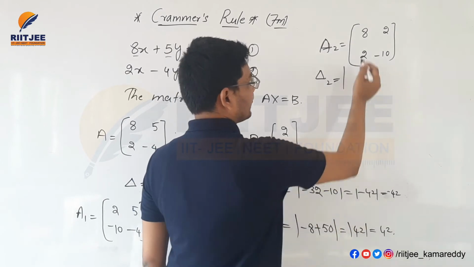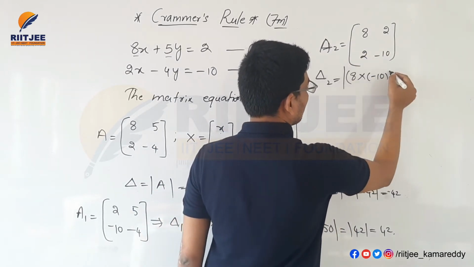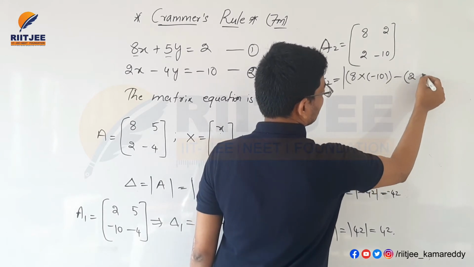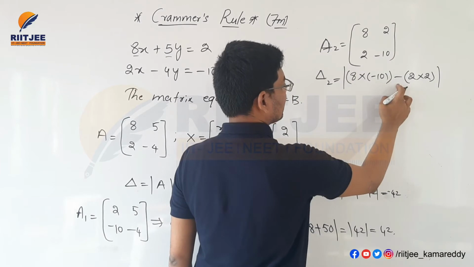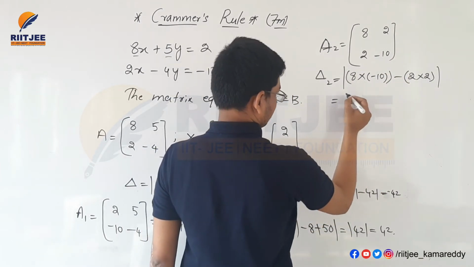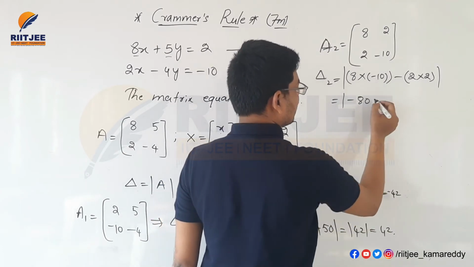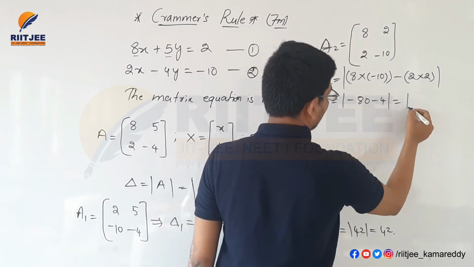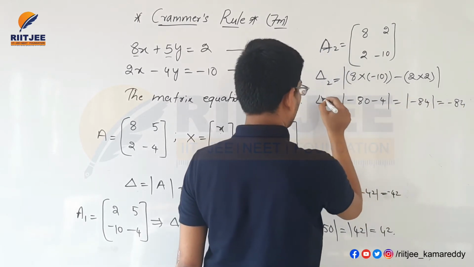Delta 2 is 8 into minus 10 minus 2 into 2, that is minus 80 minus 4, which is minus 84. That is the delta 2 value.